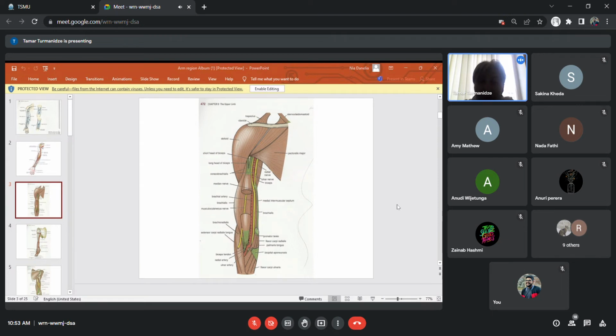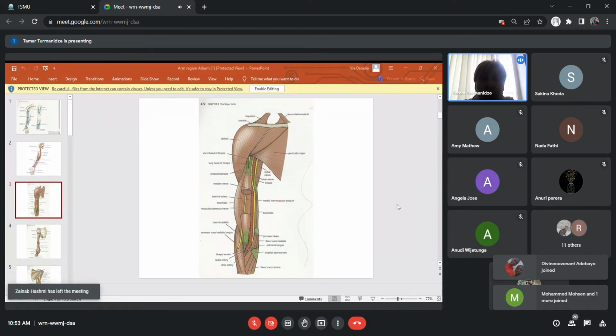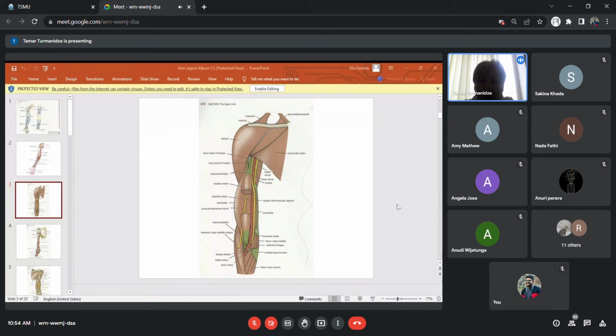From these nerves, only four nerves descend on the arm region, so except axillary nerve, because we have told that axillary nerve passes through the quadrangular space into the deltoid region, is left in the deltoid region, and its function is to innervate the deltoid muscle. So the main nerves which come down the arm region from the shoulder are radial nerve, musculocutaneous nerve, median nerve, and ulnar nerve.